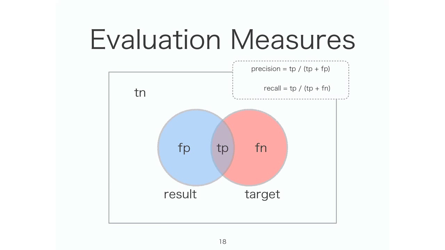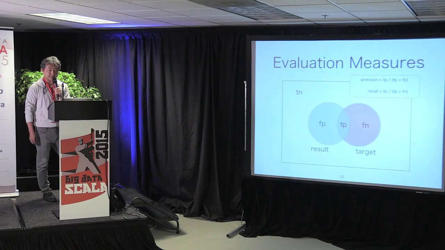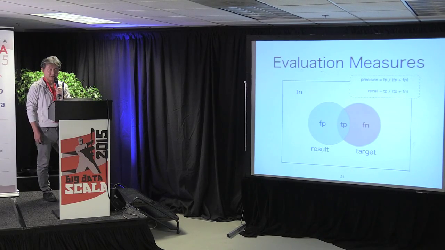Here, we have all parameters that are going to be used in our evaluation measures. They are precision and recall. They are very popular, as you might have heard of them. The precision is a measure used when you want to represent the precision of the search engine you are using.